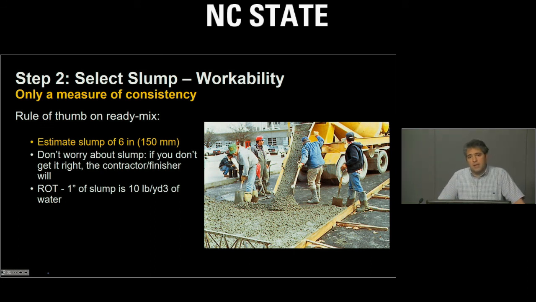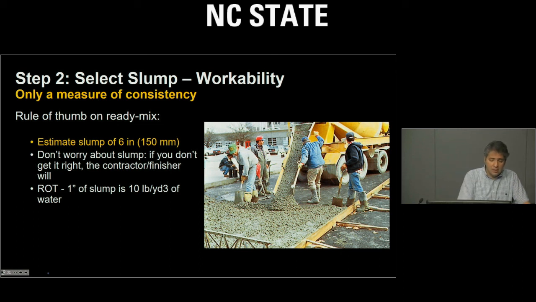Now, what happens if we give a concrete mixture to a contractor that is not workable, that is very stiff, and has a very low slump? In those cases, what they will do is add water to your concrete, and that is a big no-no. We do not want to add water to the concrete that we have proportioned, because the properties of that will change. The durability of that will change.